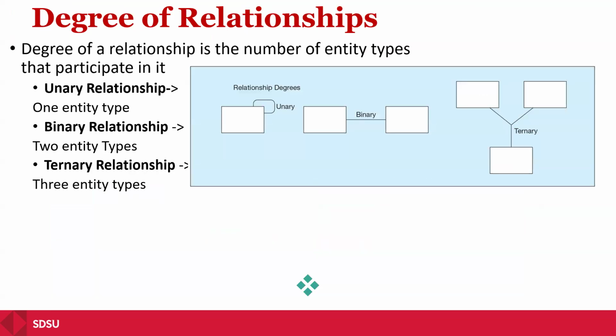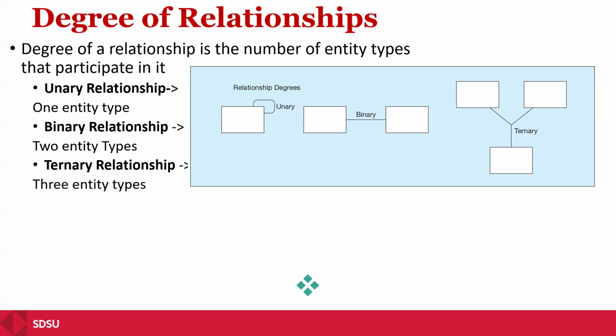So we're going to talk about another important concept for entity relationship diagrams, the degree of relationship. A degree of relationship means the number of entity types that are part of a specific relationship. So if we are dealing with only one entity type, we have a unary degree. That's when an entity is related to itself.